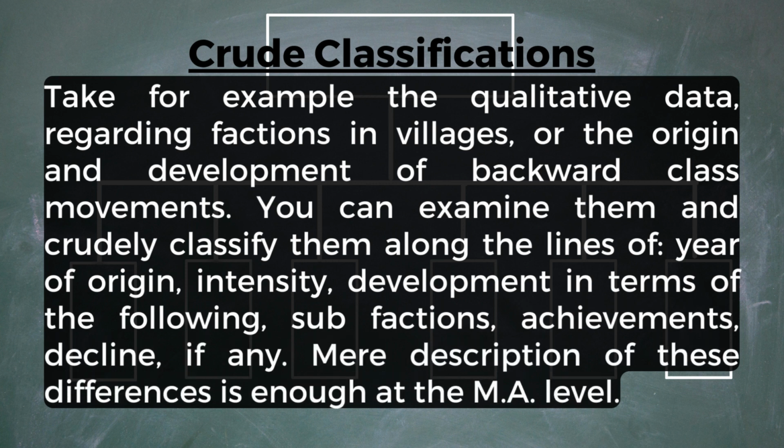You can examine them and crudely classify them along the lines of the year of origin, intensity, development in terms of the following subfactions, achievements, decline if any. A mere description of these differences will be enough for MA level of research.